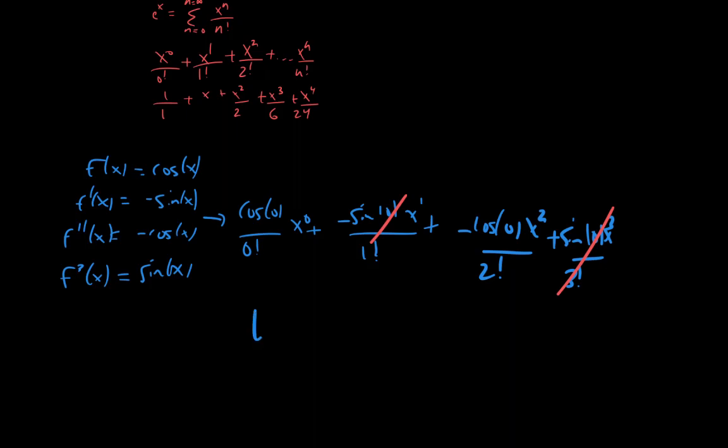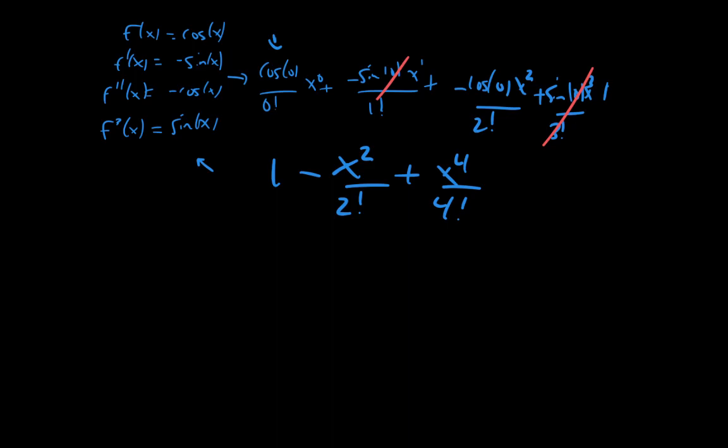So this is going to be 1 minus x squared over 2 factorial plus x to the 4th over 4 factorial. I know we didn't do the x 4th term, but this would be a positive cosine, and cosine of 0 is equal to 1, so that's how we get these terms.